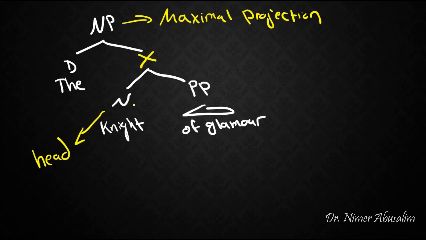So then it makes sense for this noun to also project upwards to this intermediate stage. So why don't we call this, instead of X, we can just call it N, but then to distinguish this level of N from this level of N, let's give it a bar. So we call this N bar.